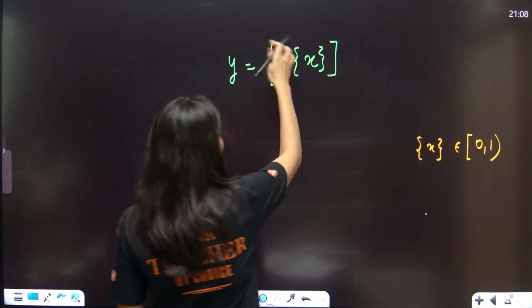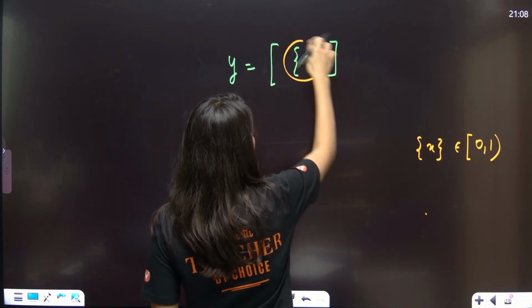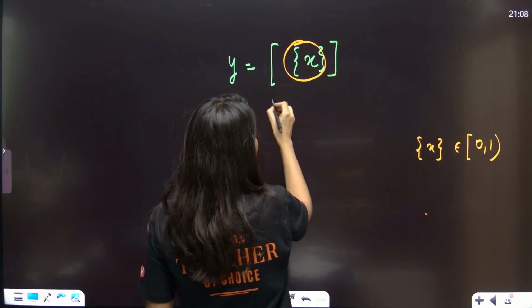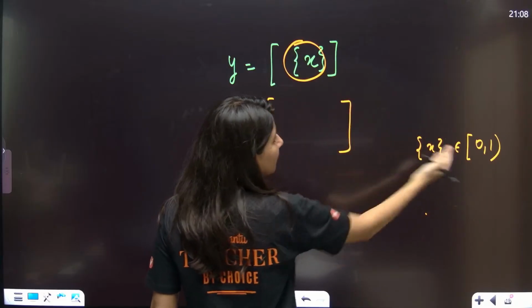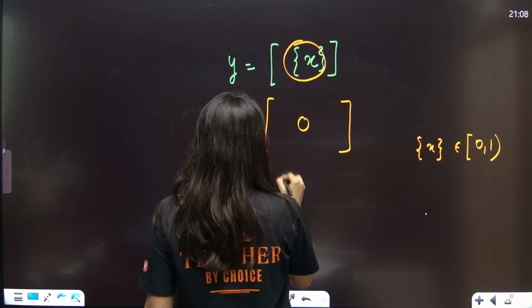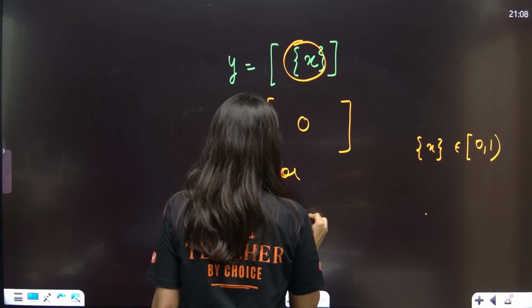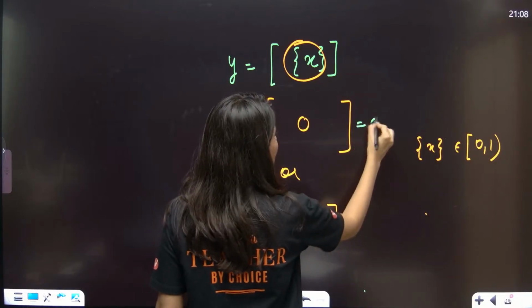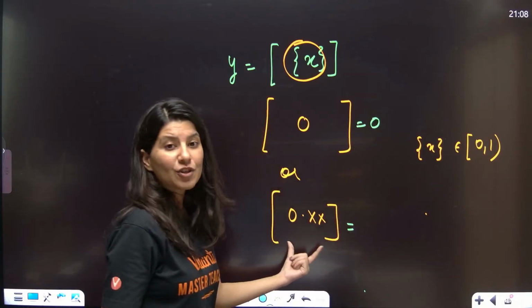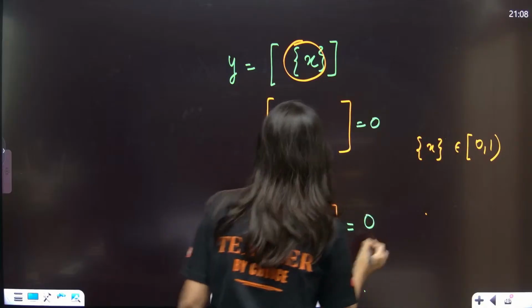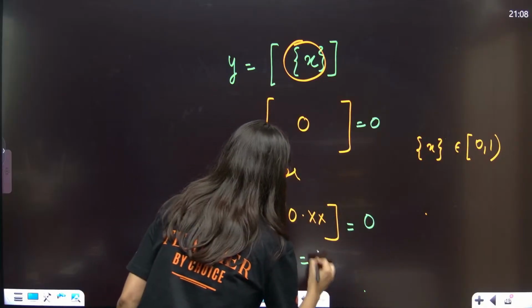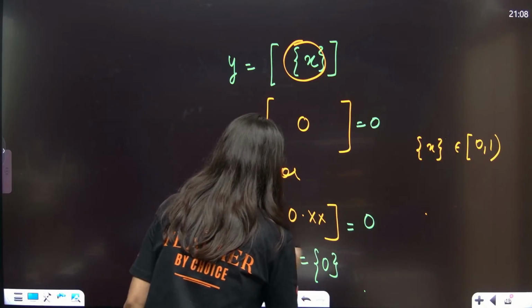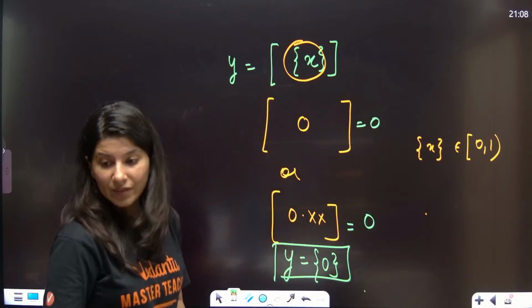So can you see, GIF of something which is already a fraction, which is either 0 or 0 point something. The greatest integer function of 0 is 0 and of 0 point something is also 0. So y is always 0. This is the range. Y is equal to 0.